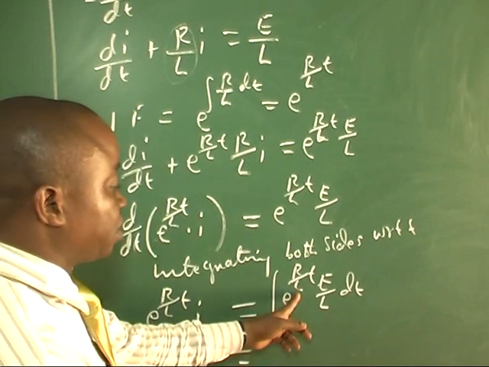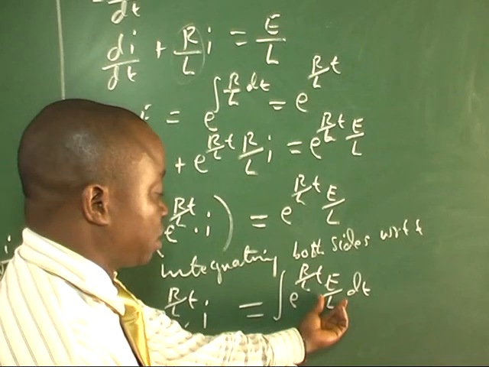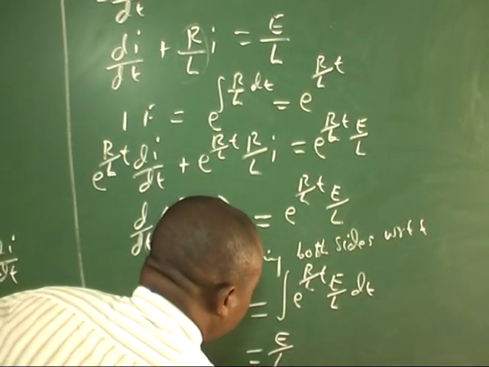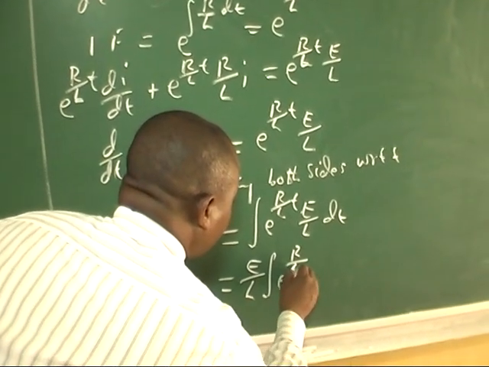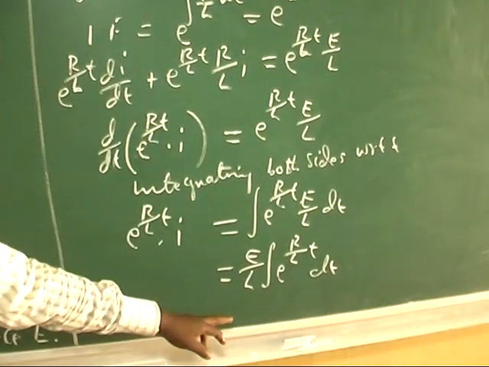Now let me bring this constant out. So we have E over L, and we have the integral of exponential R over L t dt. Look at that, dt.